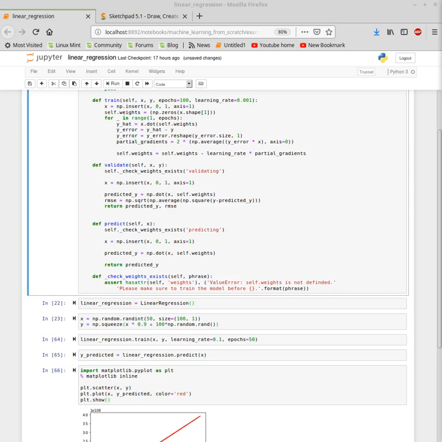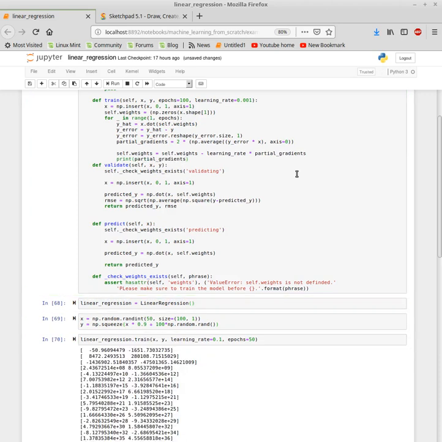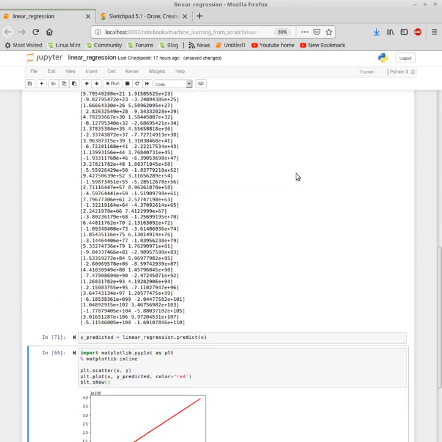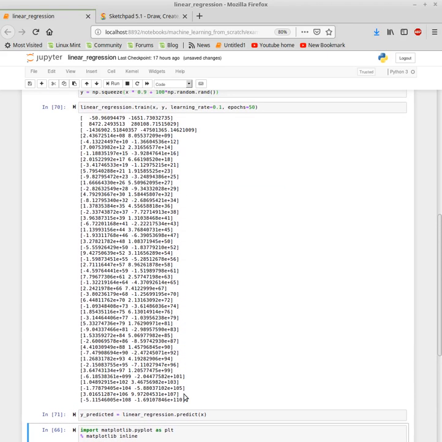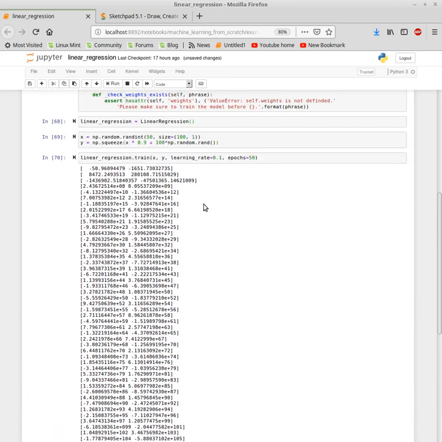But we can just try to print this to see. So if we print the gradients, let's see what happens here. We can take a look: these are the gradients.